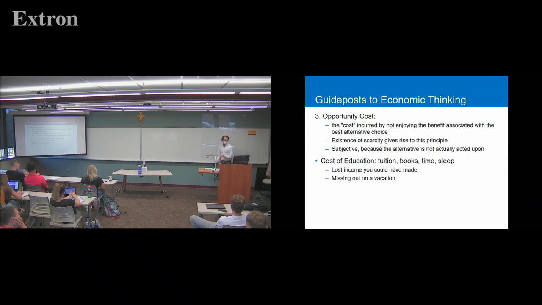All right. So on to the next guidepost, opportunity cost. This is an important idea. Opportunity cost is the cost incurred by not enjoying the benefit associated with the best alternate choice. So in plain English, when you do something or buy something, it's the next best alternative. Let's say St. Francis was your number one choice for college.